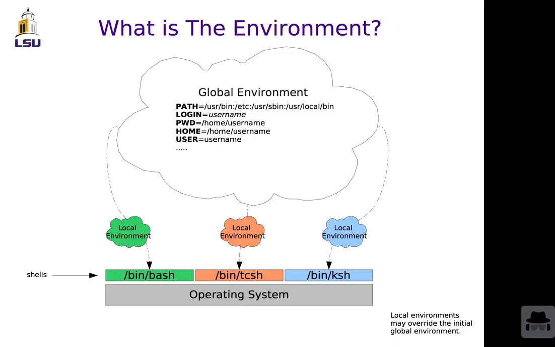You can append to your path variable so that the shell looks in additional directories for utilities that you might have installed locally in your own home directory. And then ultimately, whatever shell you're using will have this knowledge and be able to use it as it's doing your bidding and interacting with the operating system.